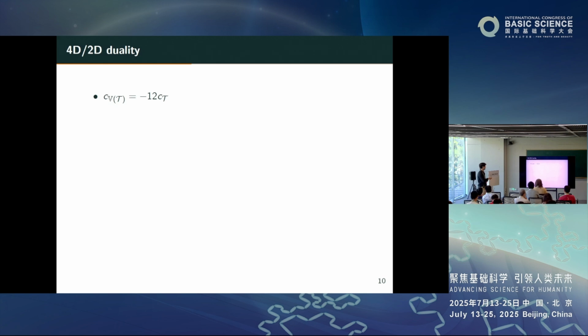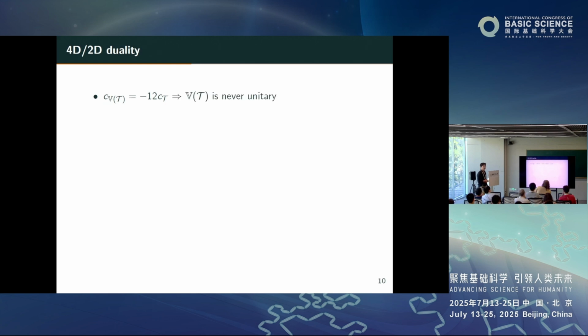In this case, you can consider two central charges: the central charge for the 4D theory and the central charge for the 2D theory, which is the central charge for the vertex algebra. These two are related by this formula. Because of this minus sign, if you start with a unitary theory, which is always the case for physical theory, you end up with a non-unitary theory.